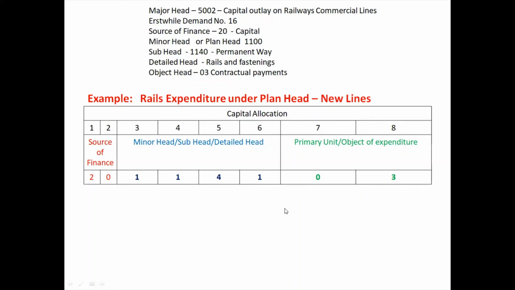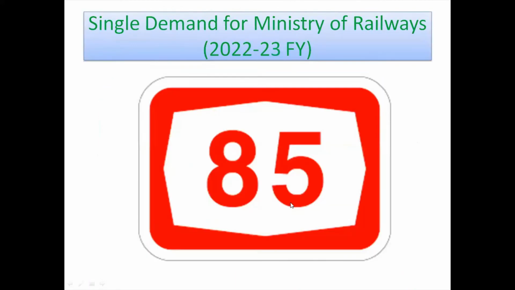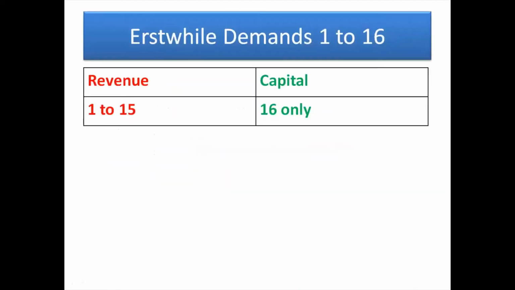Right now NITI Aayog is there, National Institution for Transforming India. Before NITI Aayog, the Planning Commission was the body approving this capital expenditure. That's why we call them plan heads. Now we'll discuss the important plan heads in demand number 16.